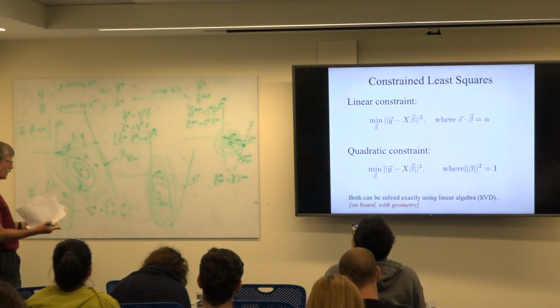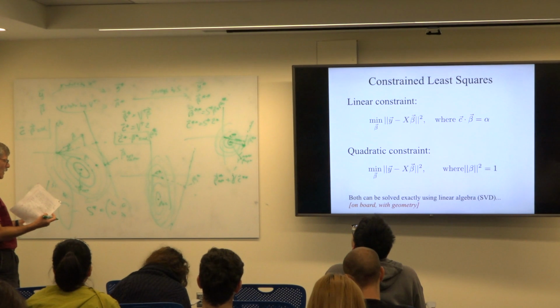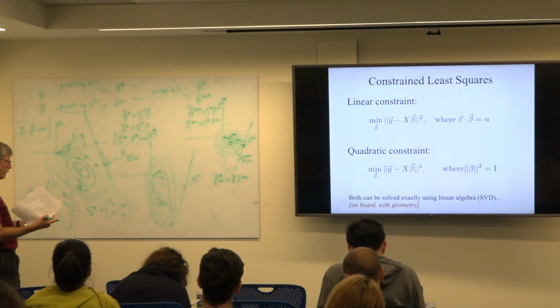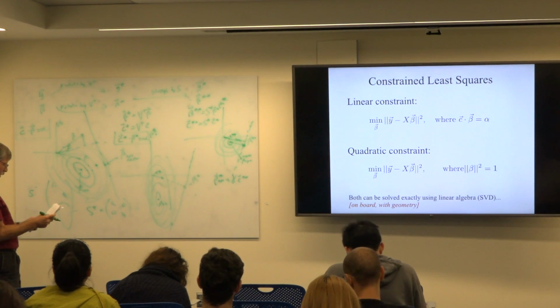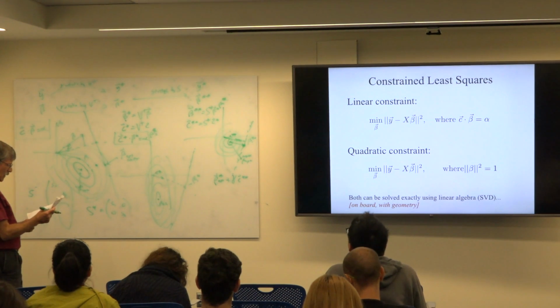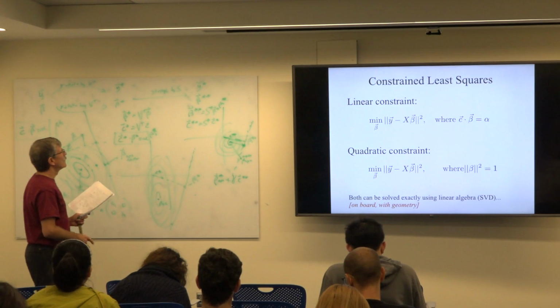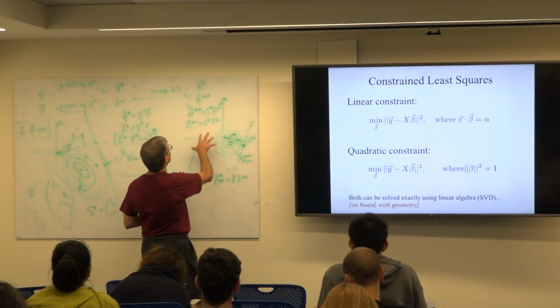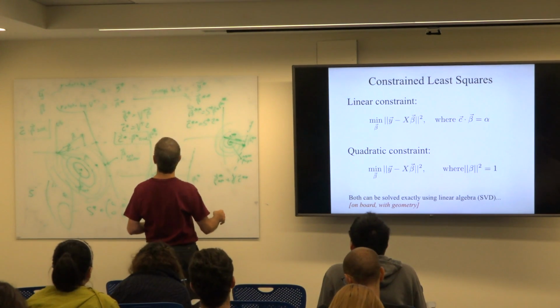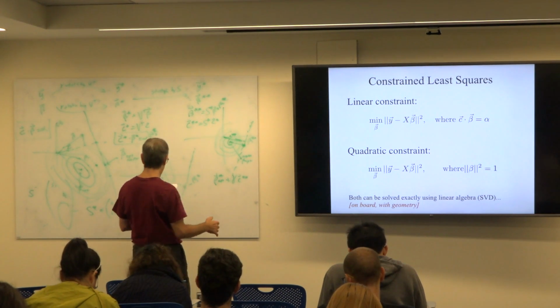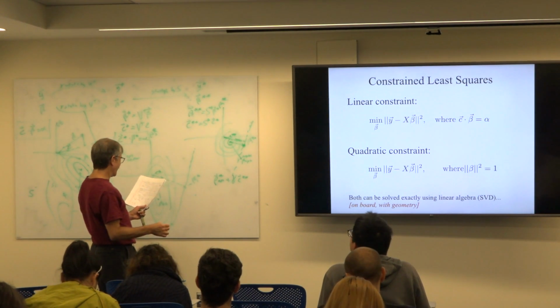Where is that written down so I don't do it wrong? Okay, so let's work out what the constraint is over here. I've run out of board. Not being sure where to write this.